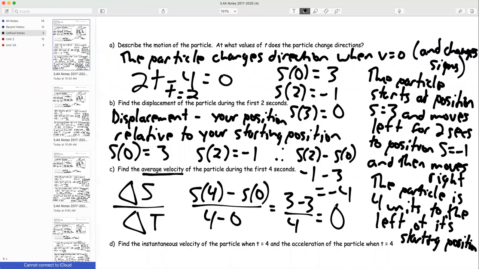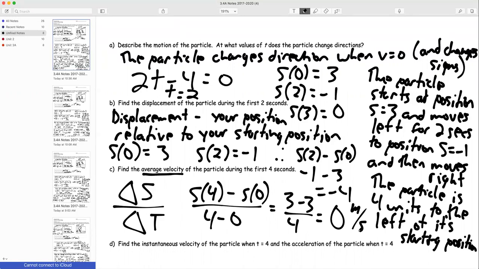And let's put the units on there. This is a velocity, right? My position is meters. My time is seconds. So my average velocity over the first 4 seconds is 0 meters per second, which is a little strange to think about at first glance, but all that's saying is that it has positive velocity and it has negative velocity, and those are balancing each other out over the first 4 seconds, right?